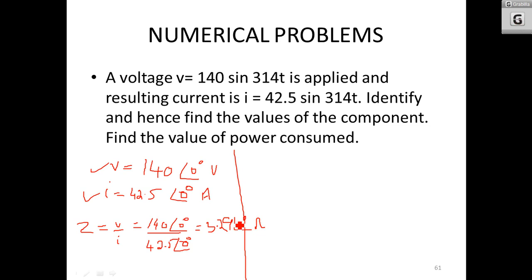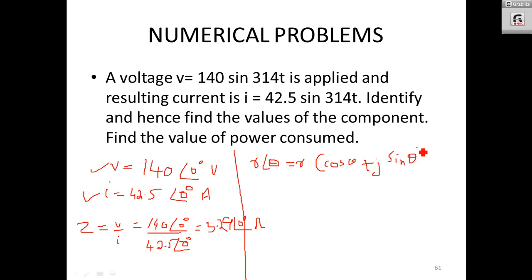If you know the polar form of impedance, you have to convert it into rectangular form. How to convert it into rectangular form? R angle theta can be represented as R cos theta plus j sin theta.